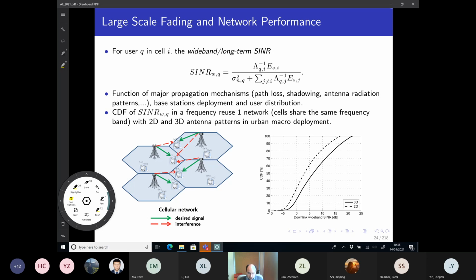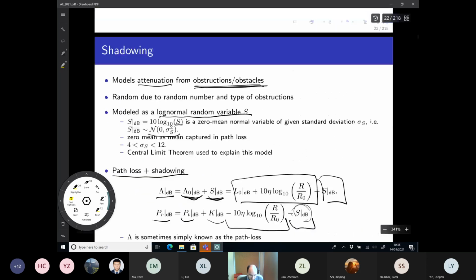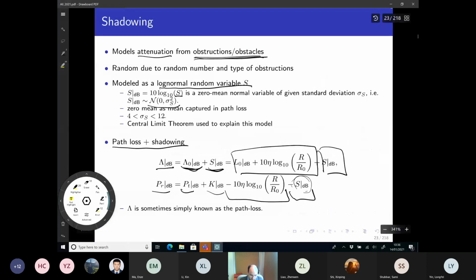And so the signal to interference plus noise ratio essentially is given by the following. This is the energy that I transmit at a certain transmitter i. This is the path loss and shadowing that I have, which is my lambda in dB here, right?